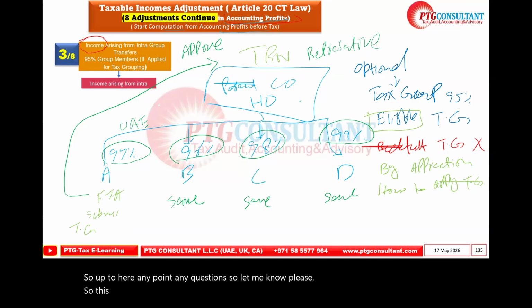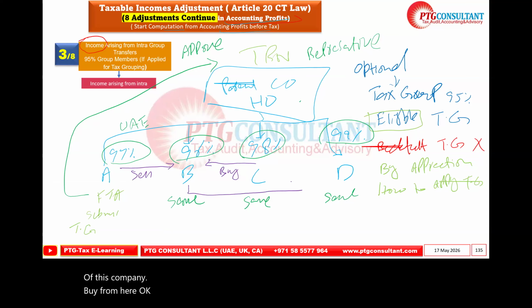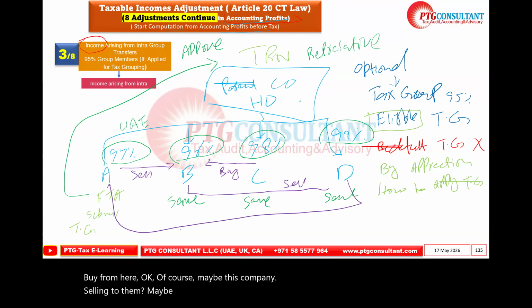Now, if this company sells to this one, and this company buys from here, maybe this company is also selling to here.